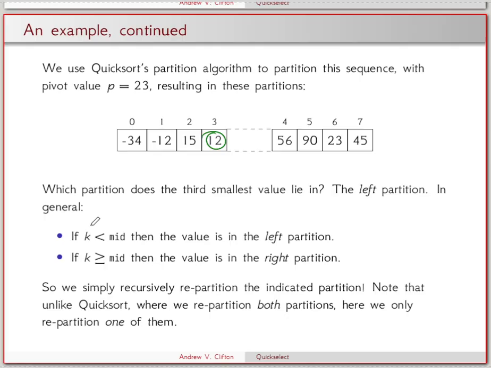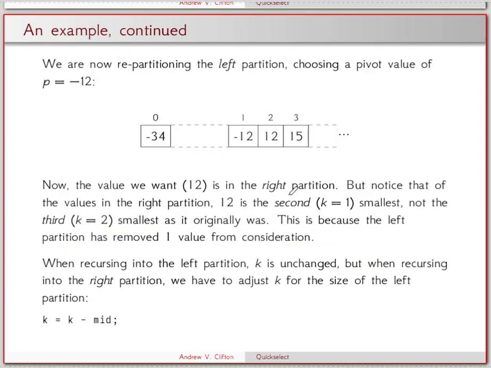So the idea is if k is less than mid, where mid is the return value of the partition function, so we do mid equals partition, and so on, then the value is in the left partition. If k is greater than or equal to mid, it is in the right partition. So then we just recursively repartition the indicated partition. Unlike Quicksort, where we would do both, here we're only going to do one of them. We're either going to go left or right, but we're not going to go in both directions.